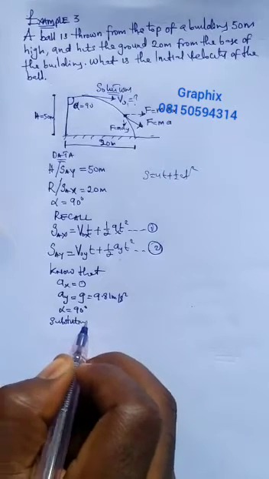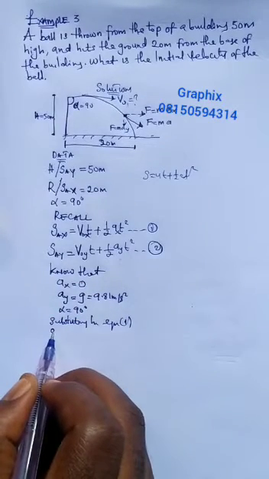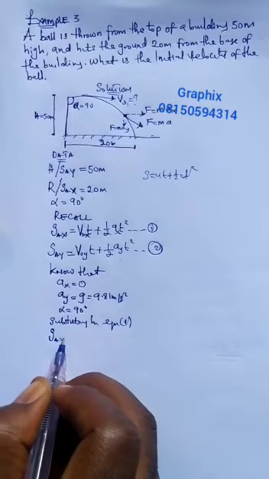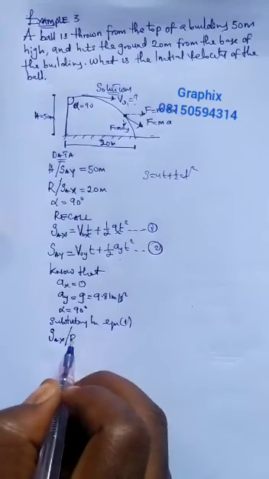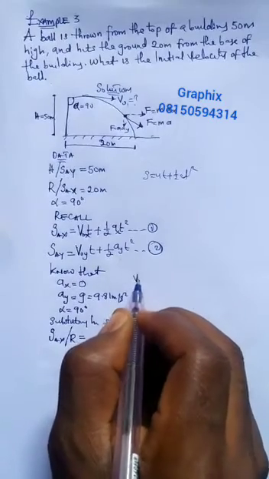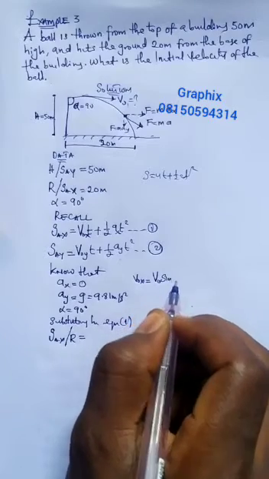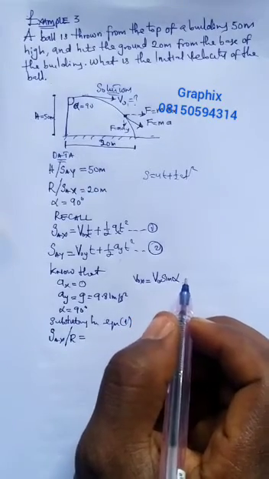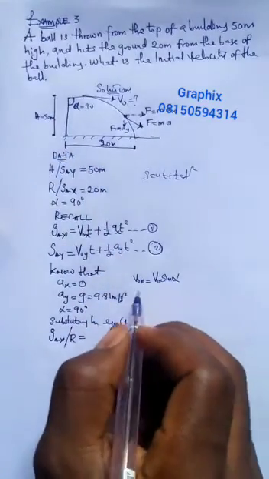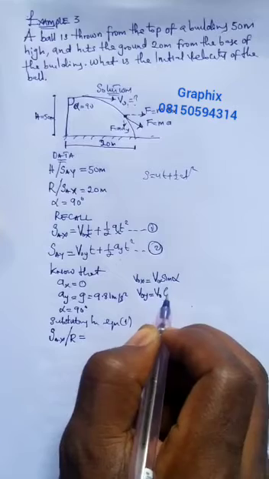Now substituting in equation 1, my SAX, which is also called the range, is equal to VOX T. Now we should also know that my VOX here is equal to V0 sine alpha, because it is inclined to the horizontal, and my velocity along y-axis will be given as V naught cos alpha.